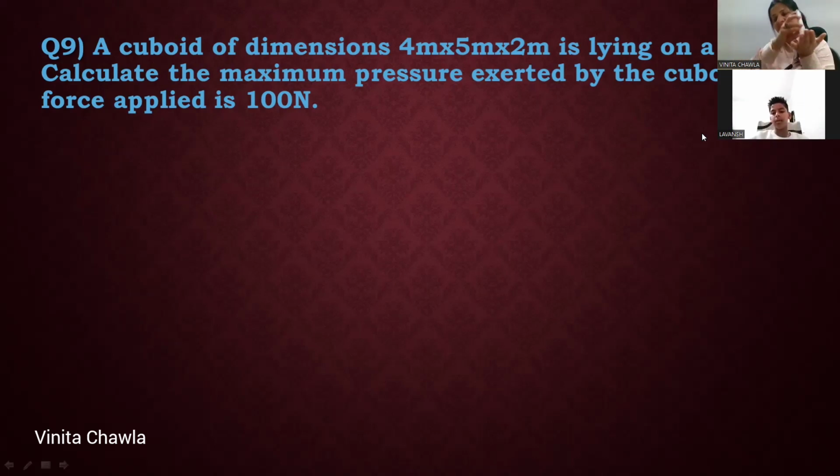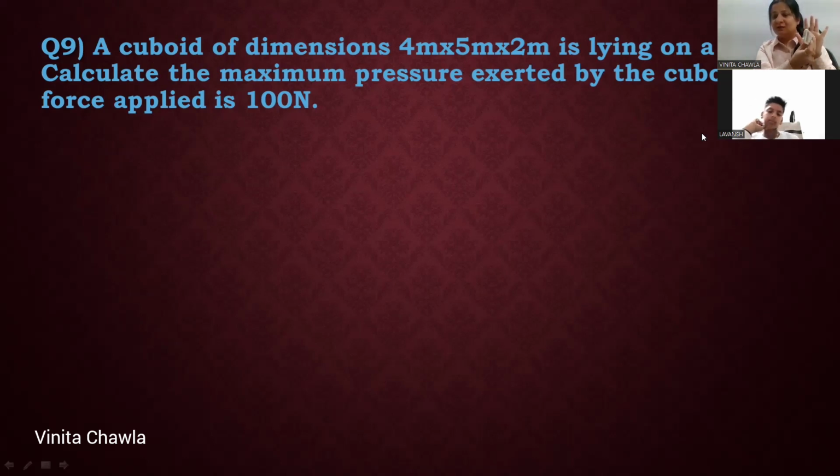In this position, we are getting the smallest area of contact. This is medium, and this is the maximum area that we'll be getting, and this lies within the other cases, and this is the minimum area we'll be getting. The maximum area is this, and minimum area is this.